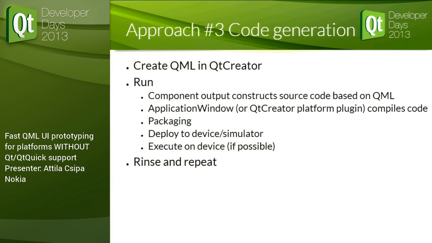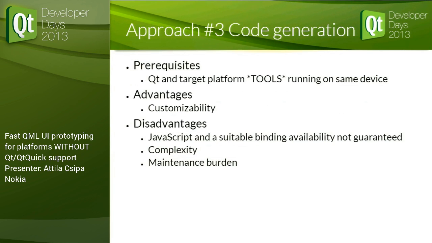The application window object is the one that contains this sort of code compilation part, and it's really just about serialization. So you will see that it's also a very, very simple way of getting out of the Qt dependency, but still retain the QML goodness. So what do we need for this? For this, we need the tools of both Qt and the target platform running on the same device.